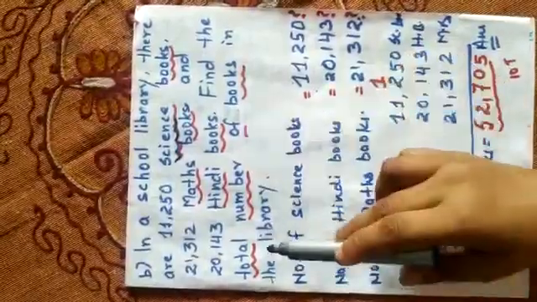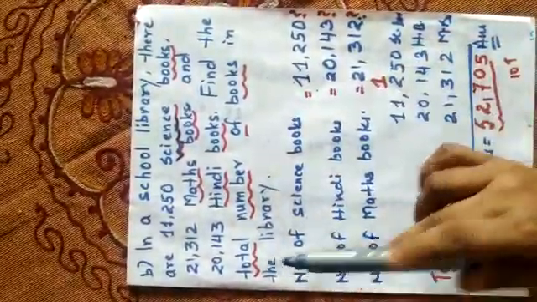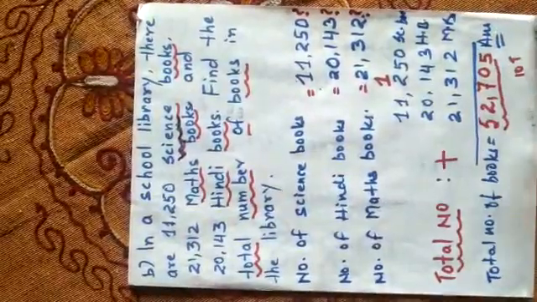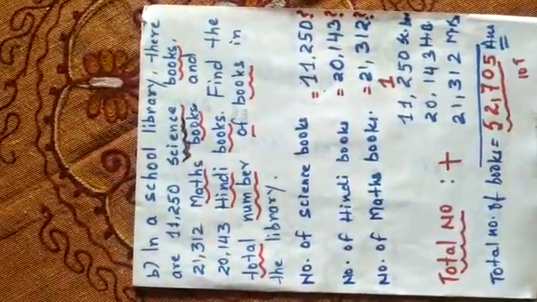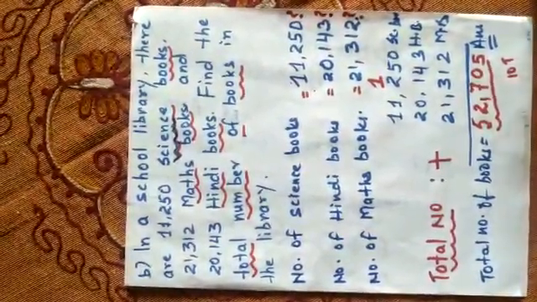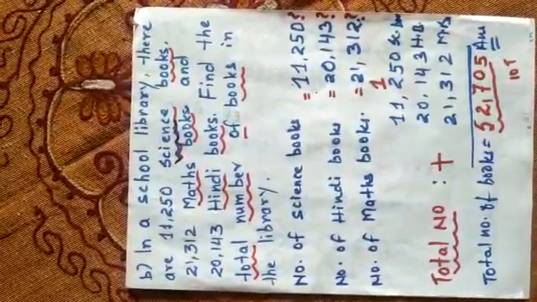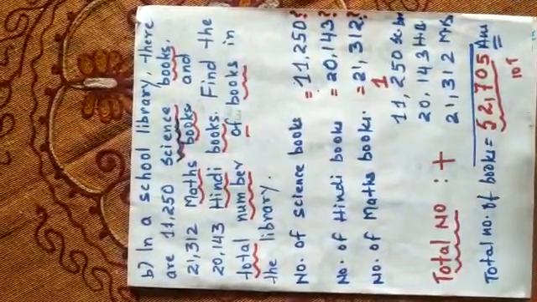So here the story asks us to find the total number of books, and the word total is the vocabulary of addition. So the total number of books is 52,705. So children, similarly you have to do this A and B as your classwork, and the rest of the questions are your homework of this worksheet.